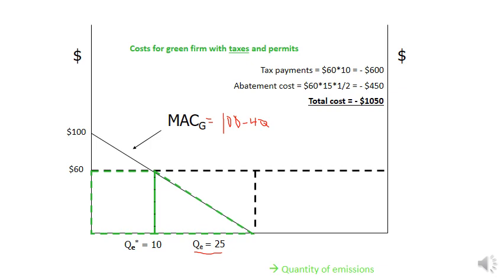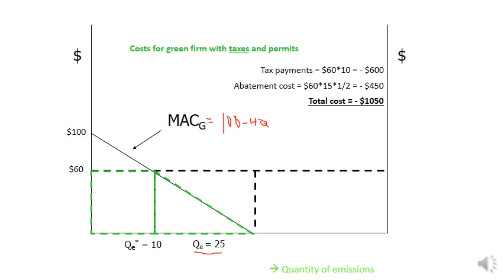Should make sense. Now if they're emitting 25, they're not abating anything, though they have no marginal cost of abatement, they will end up paying taxes on what they're polluting. In that case, it would be $60 per unit tax times 25. That would be $1,500. So let's put that down.